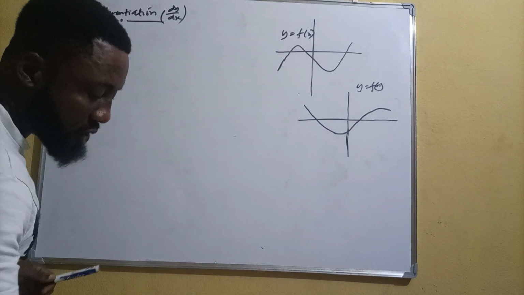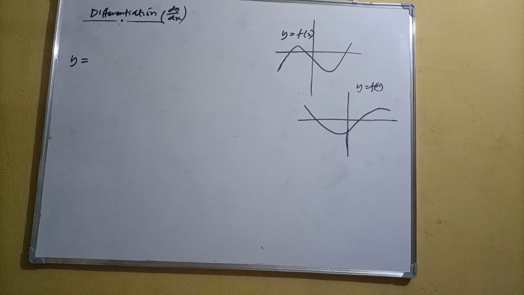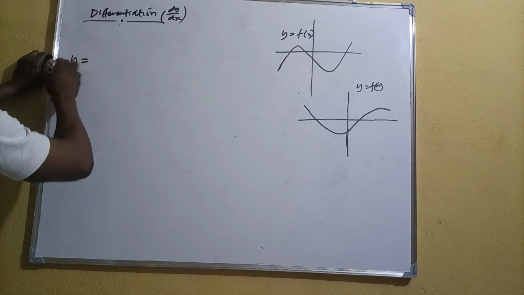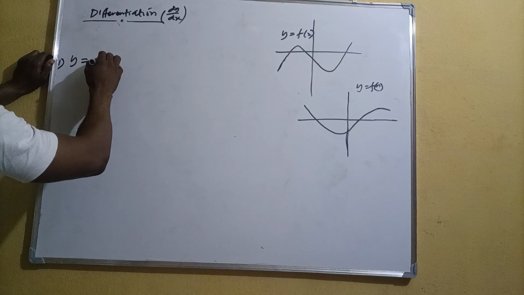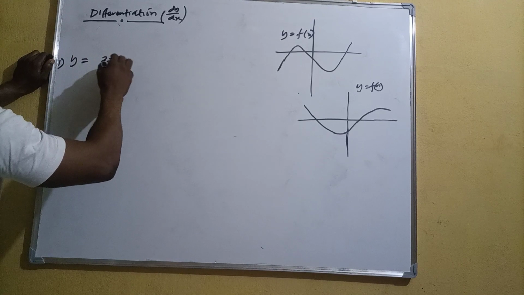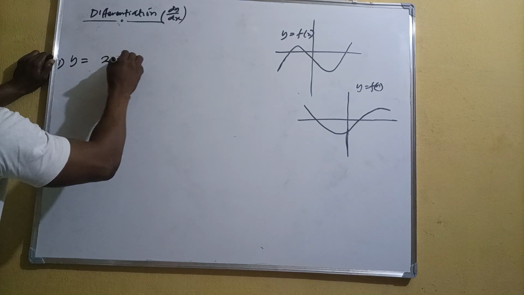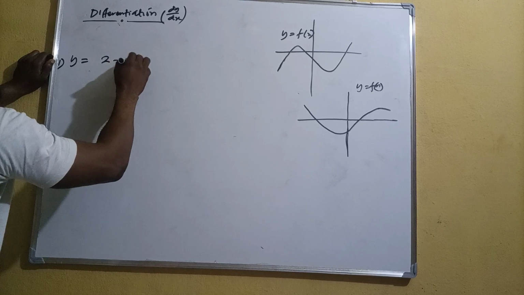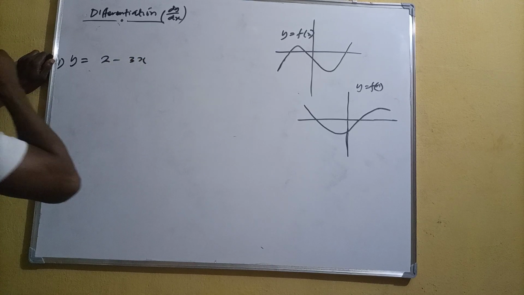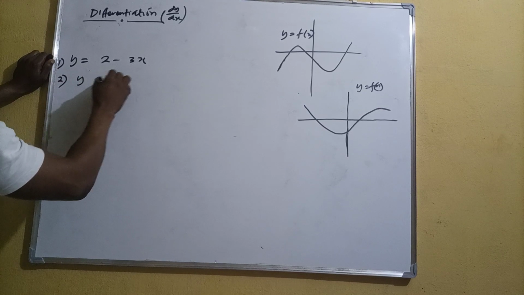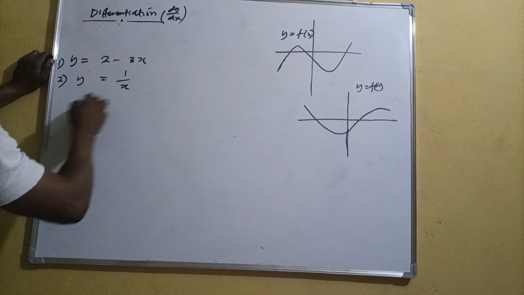So we're going to look at some questions on the board. It's going to be mixed, both linear functions and functions that are not linear as well. So let's look at this example. Question 1: y equal to 2 minus 3x. Question 2: y equal to 1 all over x.